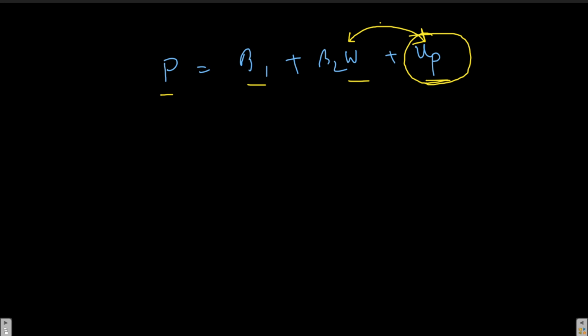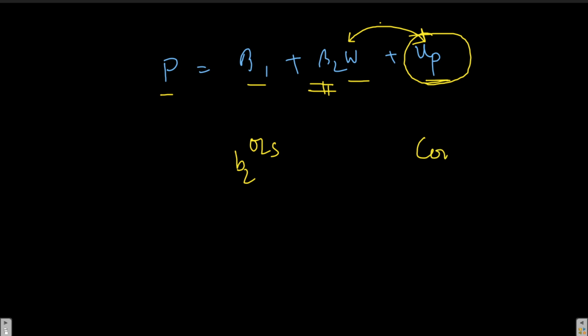So when I estimate the beta 2 OLS, it is going to have a term with the covariance of W and UP.